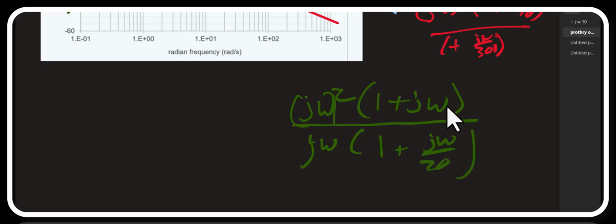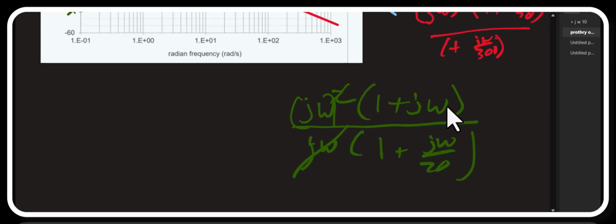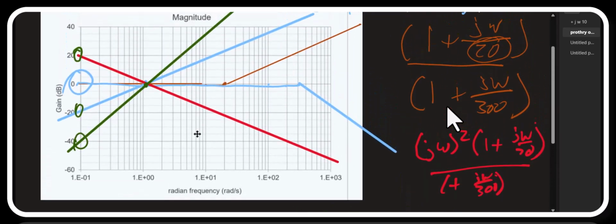Okay, so let's say I had j omega squared over j omega. What could I do here? Yeah, I could just cancel it, and then I just have a 0. So through the origin, you'll either have a 0 or a pole. You're not going to have both. So you'll have two numbers over here. You'll have your constant number, and you'll have your number that you're going to add up.